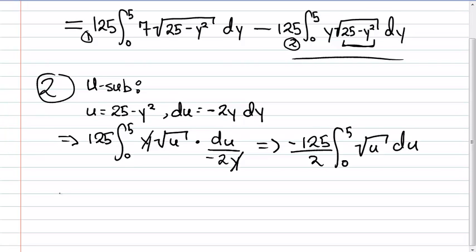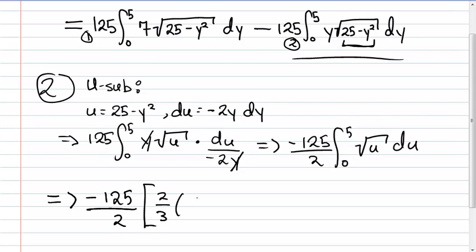When we integrate this, you're going to get something that looks like this. Negative 125 over 2 times 2/3. Now plugging back in our u, 25 minus y squared to the 3/2 power. All evaluated at the bounds, 0 to 5.